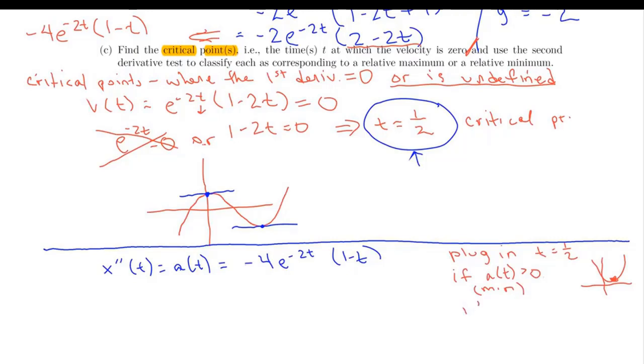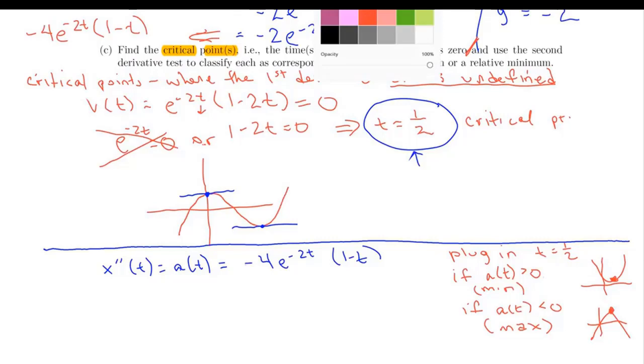And if the second derivative is less than 0, well, I have an upside down parabola. When it's negative, I have a maximum. First thing I want to do is plug in 1/2, because that's the point that I'm really interested in. Is that a maximum or a minimum?